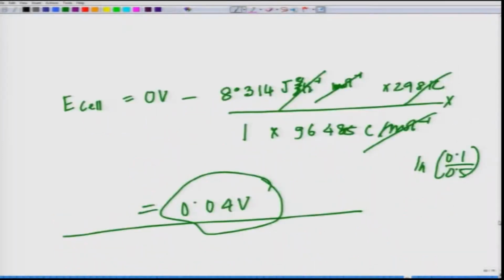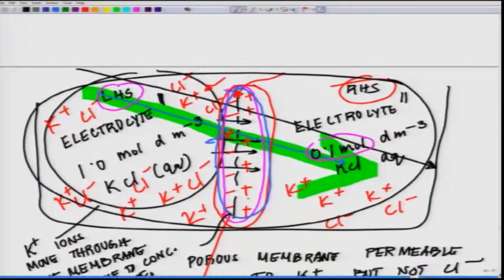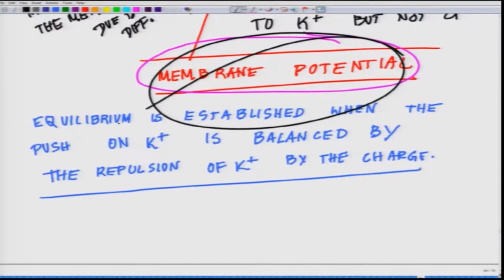Then we made the calculation, what we got was 0.04 volt, and from there we moved on to another example of a concentration cell, where we took into account a semi-permeable membrane and we introduced the concept of membrane potential. From our journey to membrane potential, we entered into the world of biological cells.